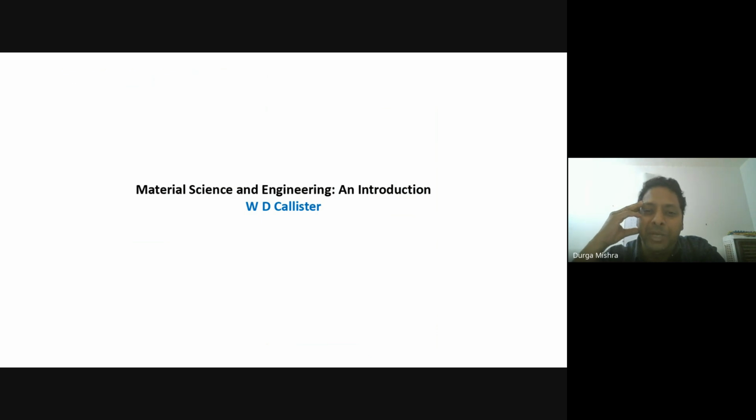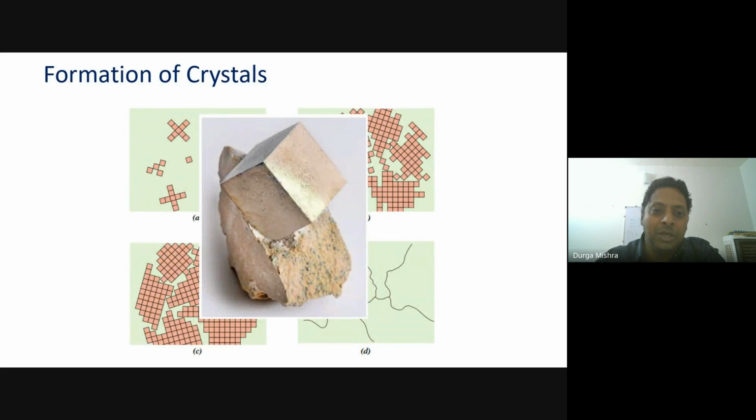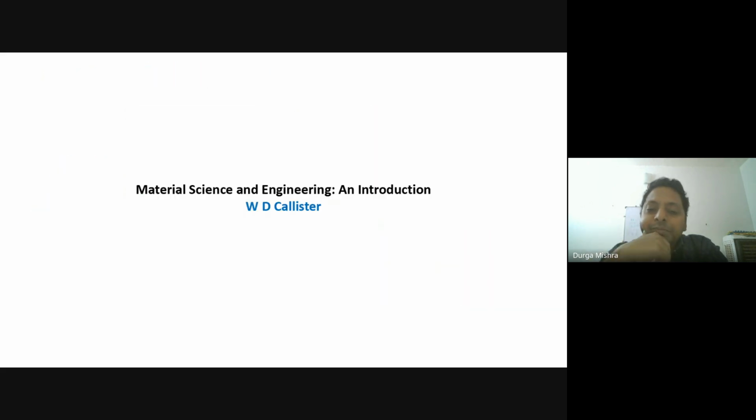You can get a PDF copy of this and read. Whatever images I have shown here, for example this image or the earlier images, are all from this book. So you can note down and get a PDF copy of this.